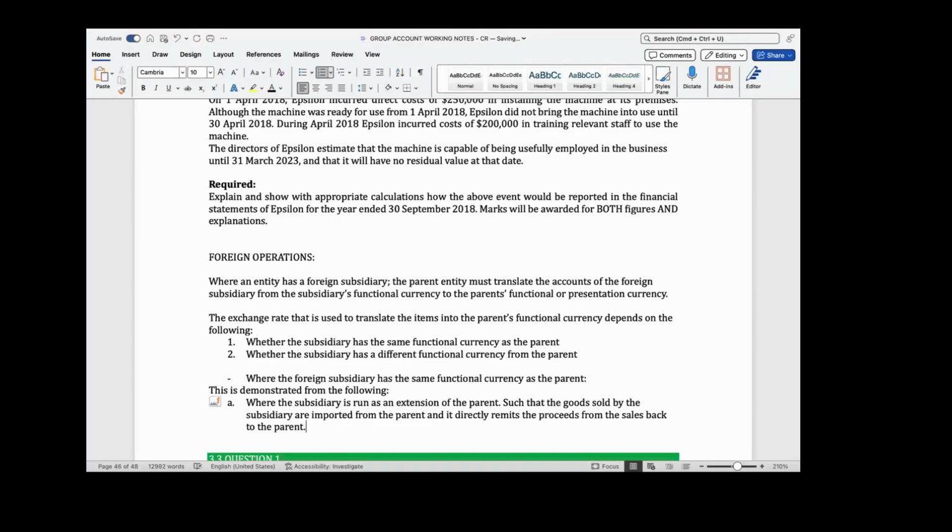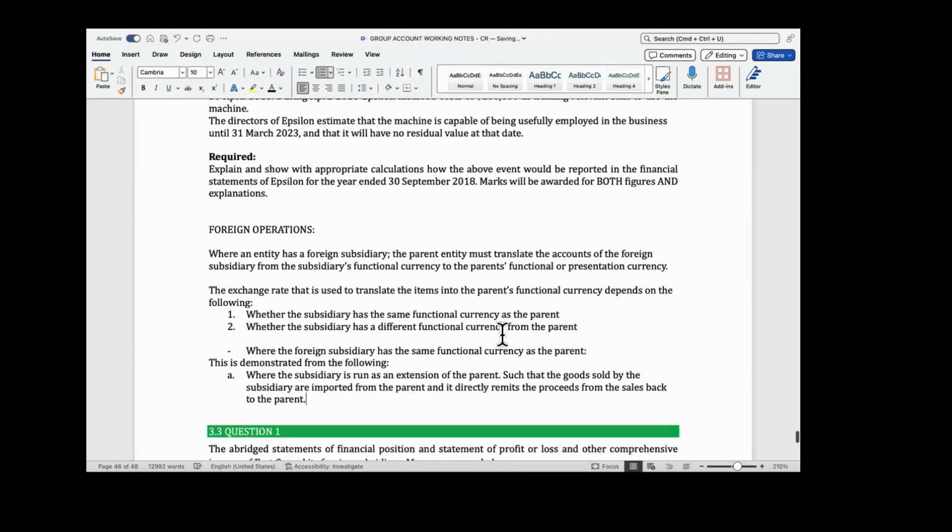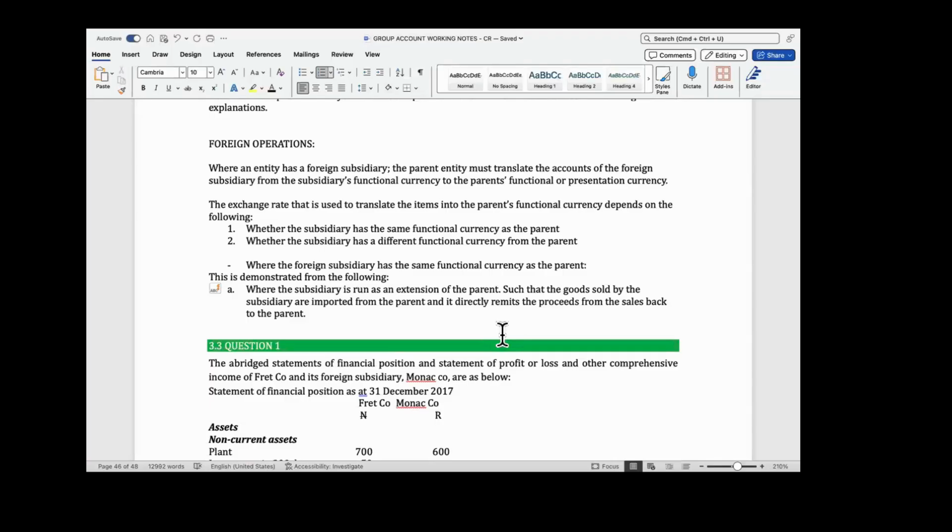So the foreign subsidiary is run as if it's an extension, such that everything it is selling is sent to it by the parent.